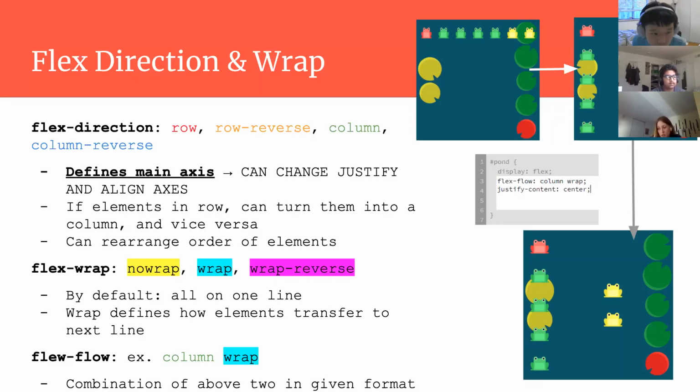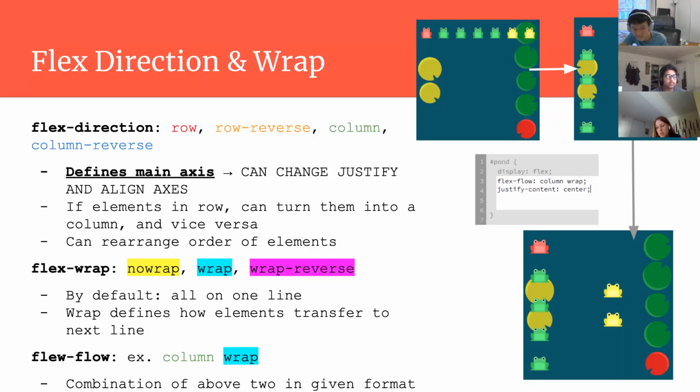Then there's the flex wrap property. As I mentioned before, by default, flex containers try to order all the elements onto one line. However, you can use the flex wrap property to dictate how the flex should respond to items that are a little bit squished onto the same line.